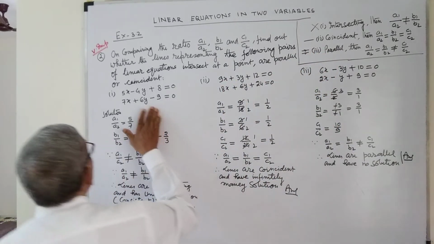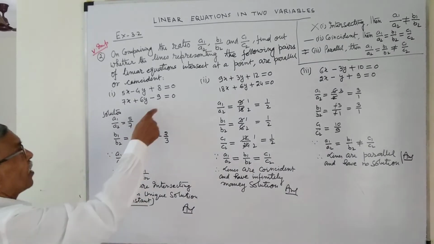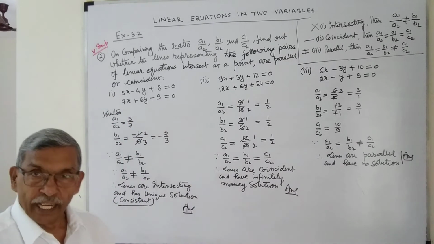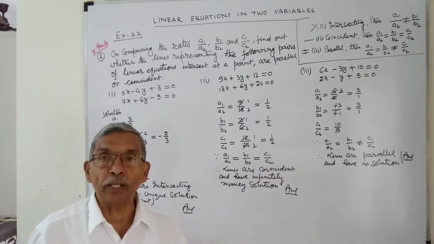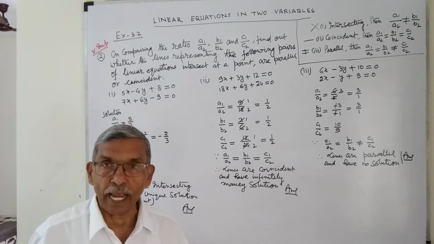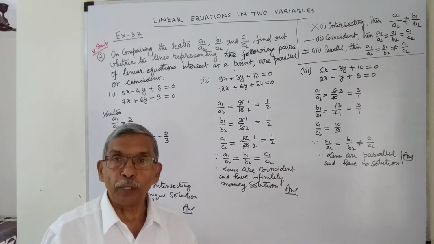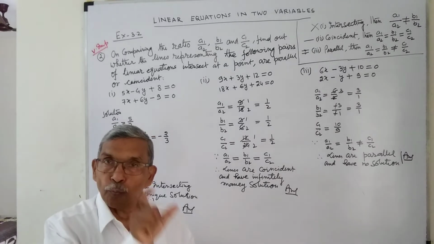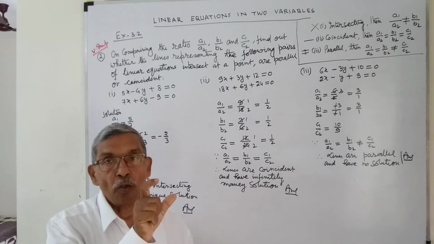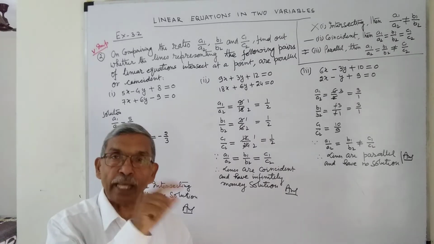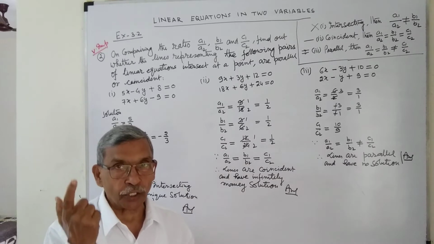So this is sum number 1. You know very well that A1, B1 are the coefficients of x and y, and C1 is the constant term in the first equation. A2, B2 are the coefficients of x and y in the second equation, and C2 is the constant.